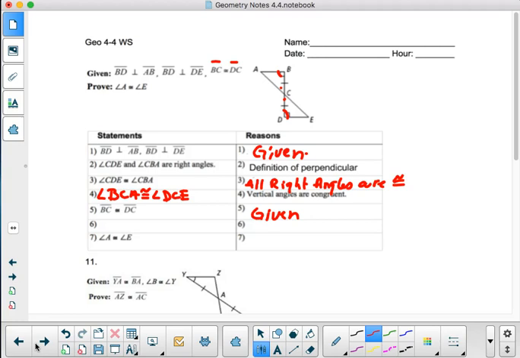Now I've got the two triangles congruent: triangle ABC is congruent to triangle EDC because of angle, side, angle congruence. My last thing here in 10 is corresponding parts, CPCTC: corresponding parts of congruent triangles are congruent.